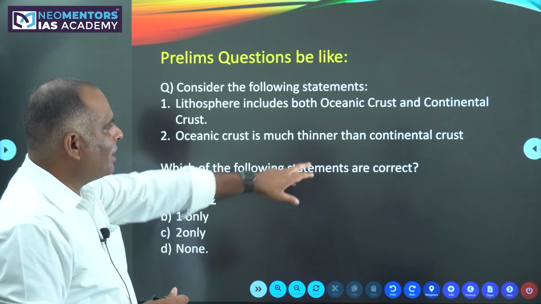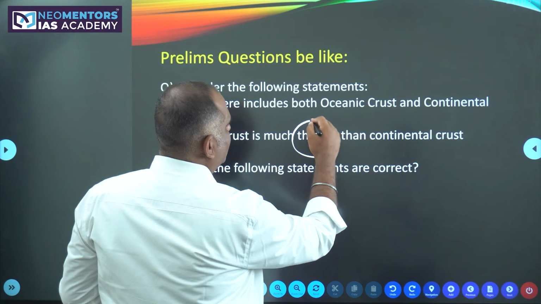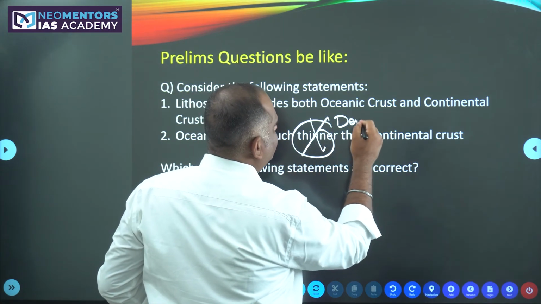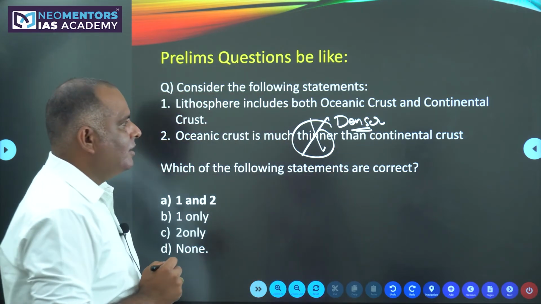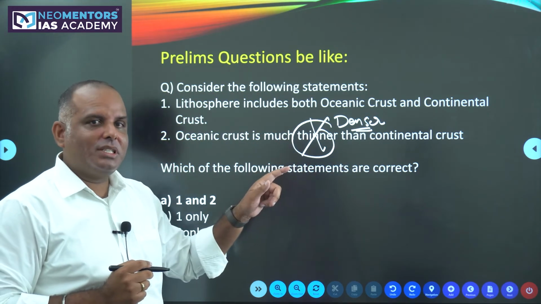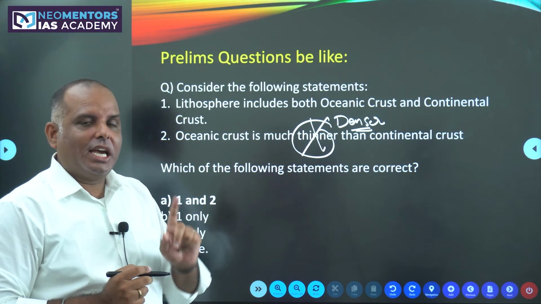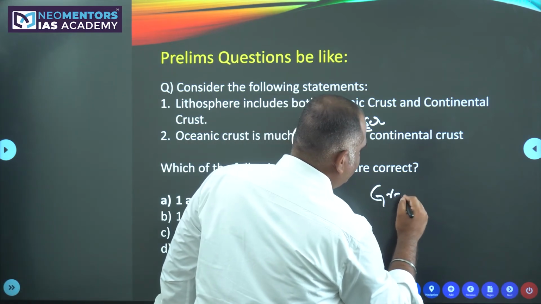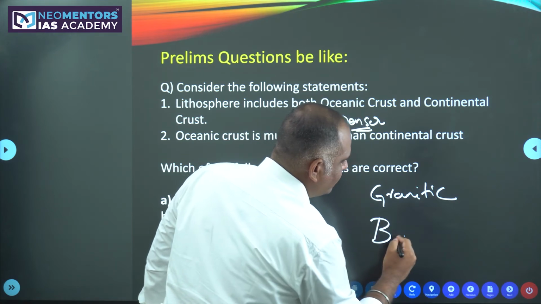But let me twist this statement a little bit. Instead of thinner, let me say denser. In that case also both statements will be true, because earlier I gave the example of granitic and basaltic.